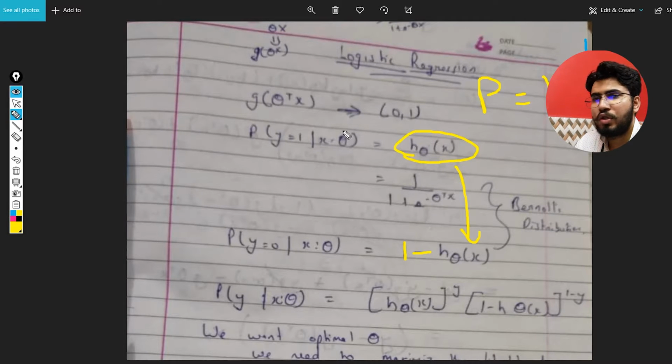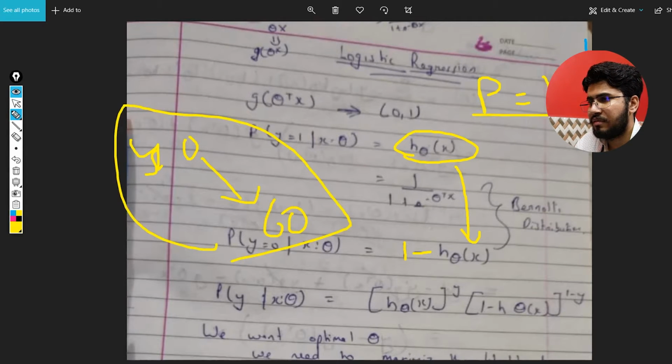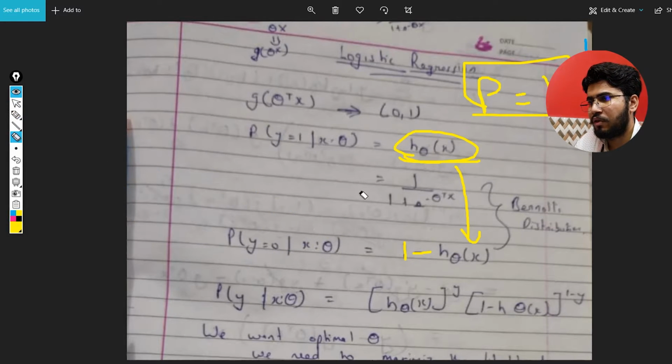So let's suppose you are tossing a coin, and the probability of getting a head is, let's take, 40, although it is always 50-50, then the probability of getting the tail is going to be 60, because the total is always 100, or you can say 1. So that's why I am doing 1 minus this value, and this is also known as Bernoulli distribution. So you can go and check this out.